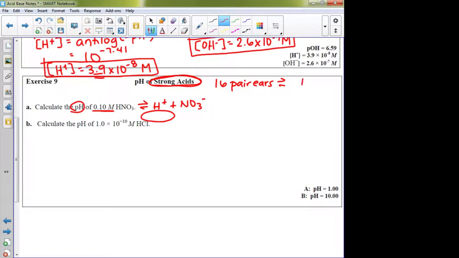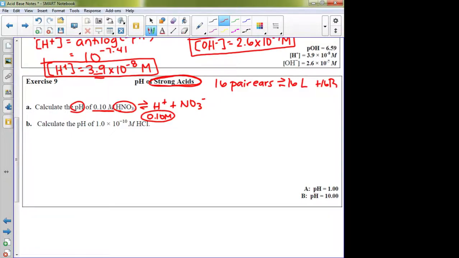Now, if I separate that into left ears and right ears, how many left ears are in this room? 16. How many right ears are in this room? 16. So, if I completely dissociate this HNO3 into H+ and NO3-, what's my concentration of this H+? 0.1 molar. There you go, 0.10 molar. Okay.